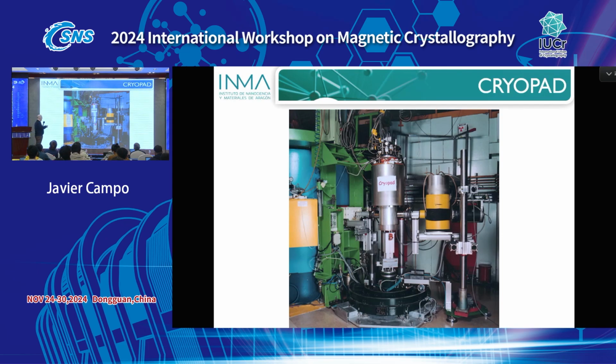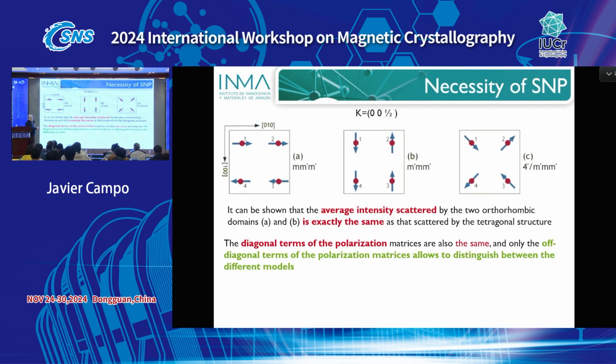Also, there are some replicas of this instrument in other sources, but here they were the first one. And for example, this technique was very important, because all of these magnetic structures produce exactly the same intensity and polarization in the diagonal terms of the polarization matrix.